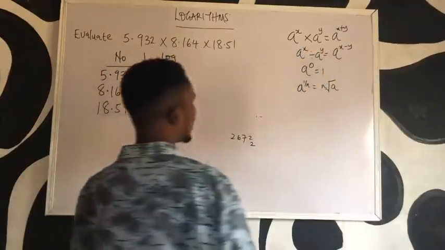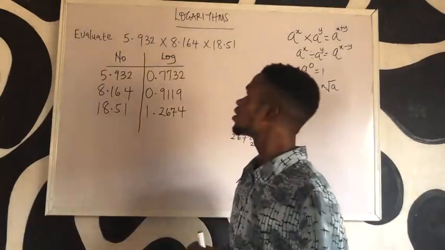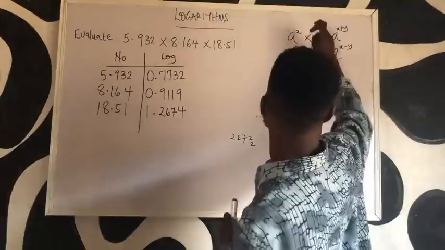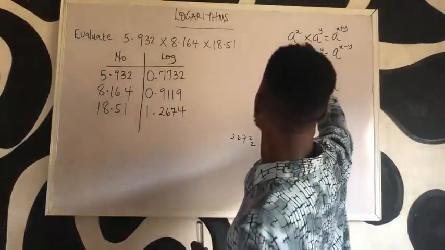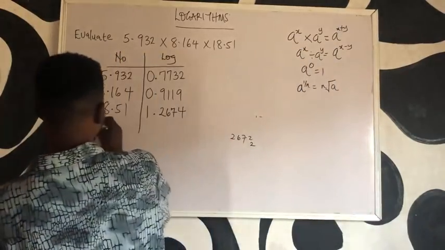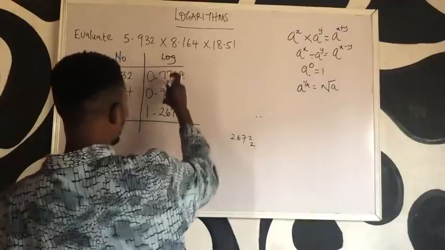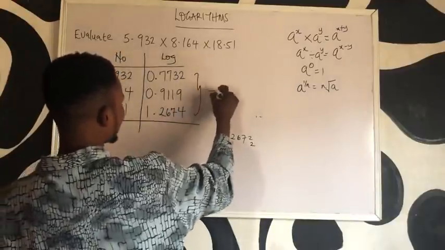Evaluating logarithm depends on application of the law of indices. So, multiply, we are going to add. We have to add the results together.